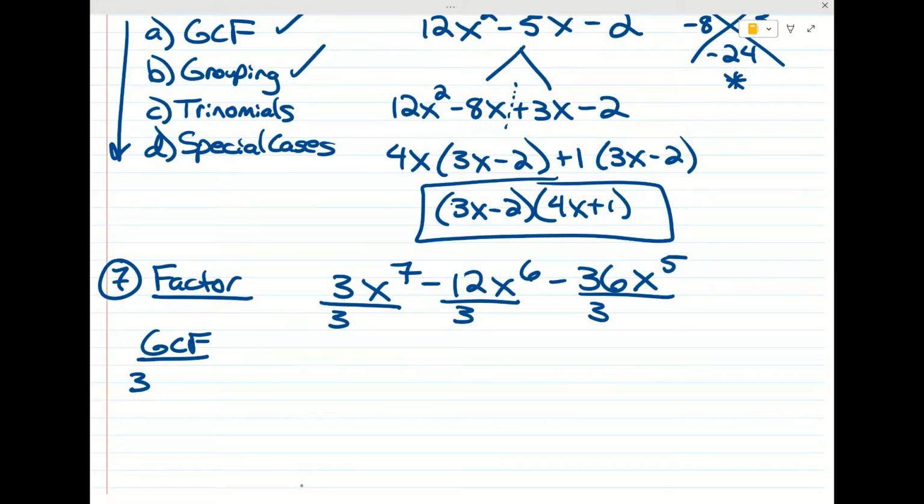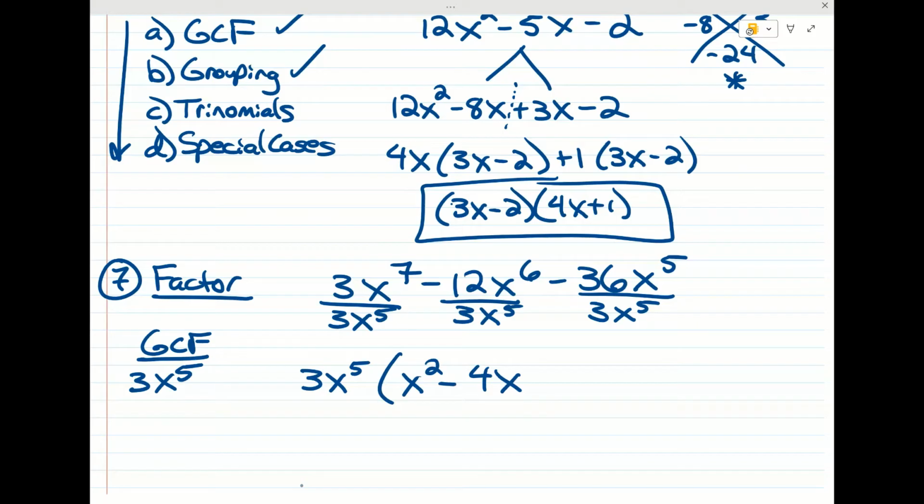And as far as the variable, we always go with the highest power. So it looks like x to the 5th would be the GCF. So if we divide everything by 3x to the 5th, we're left with x squared minus 4x minus 12.